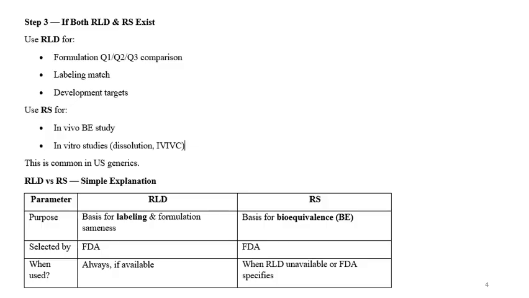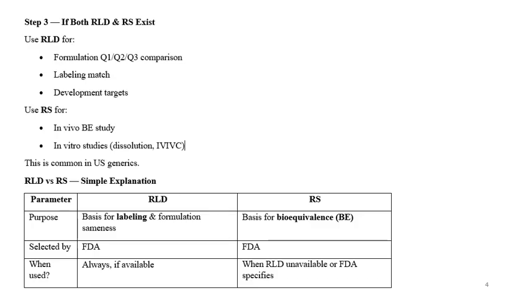So this is very common for the US products. If RLD is having three strengths, for example 10 mg, 20 mg and 50 mg, and if the 50 mg strength is used for the bioequivalence, then 50 mg strength will be designated as RS. RLD is used for the formulation Q1, Q2, Q3 comparison, labeling match, and the development targets.